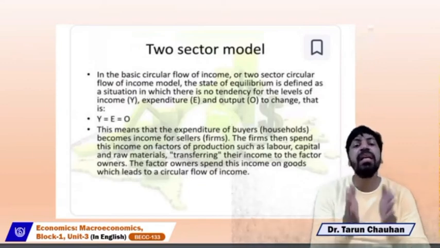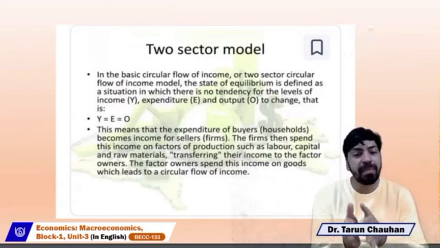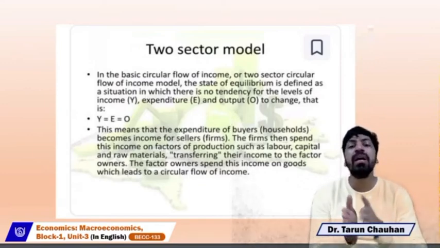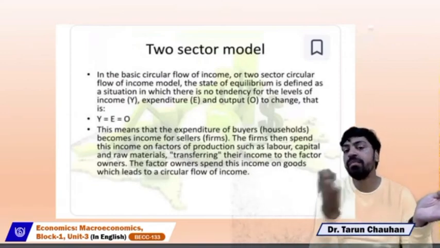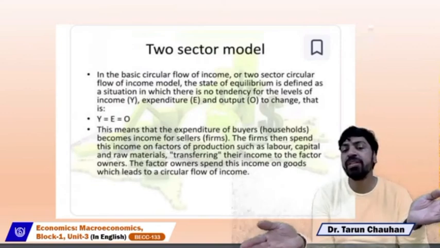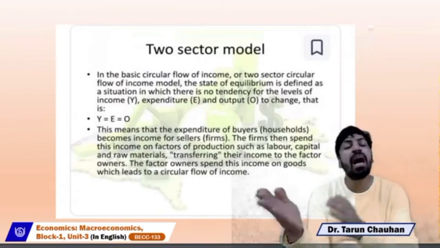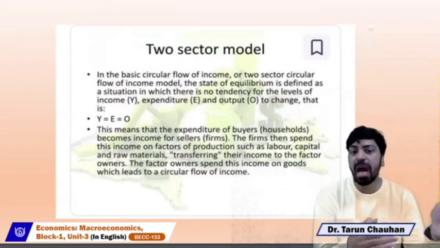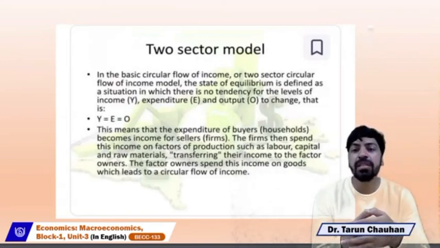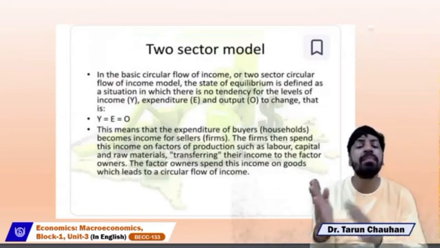Here the level of income, expenditure, and output would be equal. So if there is a change in income, automatically the expenditure would change, and ultimately the output. The household has two main purposes.